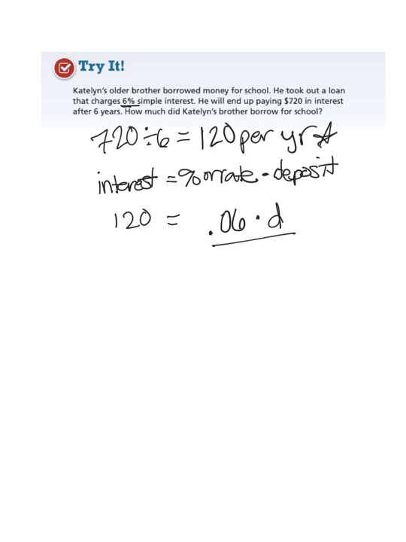So the opposite of multiplication is division, so we are going to divide both sides by 0.06. And when we do that, we should come up with D equals $2,000. So he originally borrowed $2,000 for school.